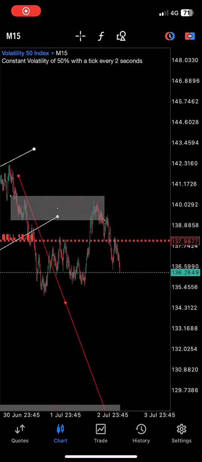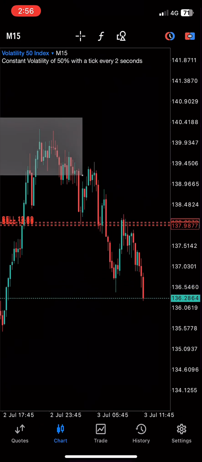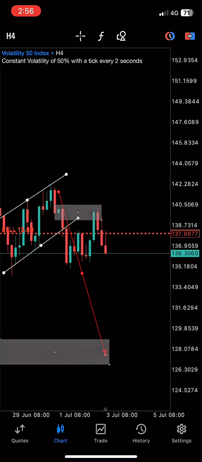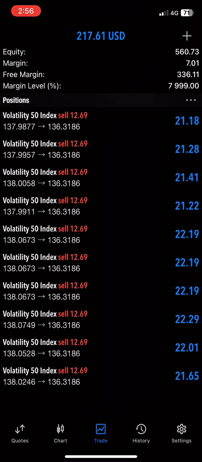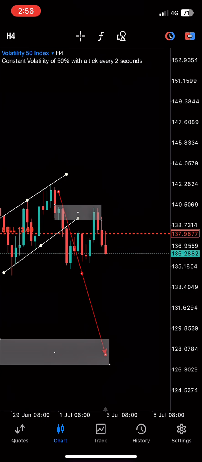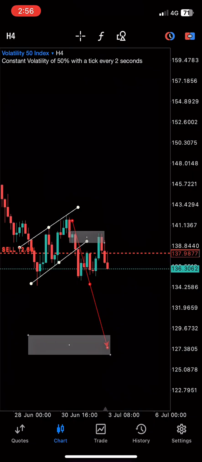So at this point, on the 15-minute chart, we see that price moved down, and we are now at $560. That is a profit of 218. So we'll keep holding. This could take some days.